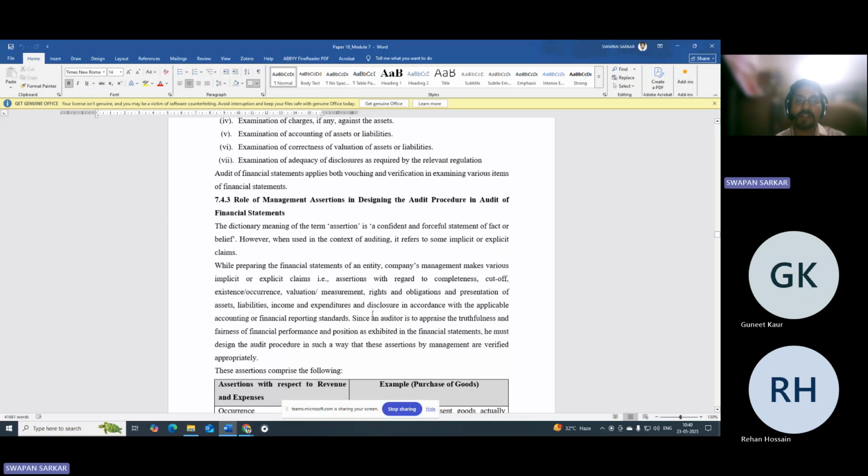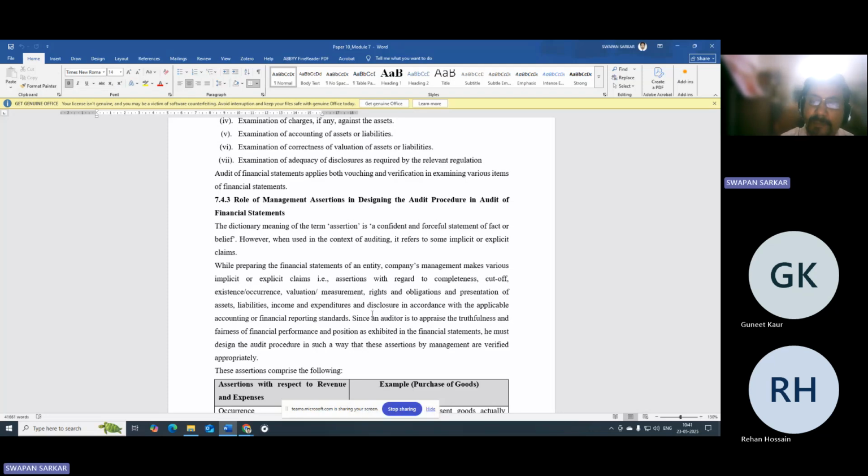While preparing the financial statement of the entity, company's management makes various implicit or explicit claims or assertions with regard to the completeness, cutoff, existence, occurrence, etc., valuation or measurement, rights and obligations, and presentation of assets and liabilities, income and expenditure, and disclosure in accordance with the applicable accounting or financial reporting standards.